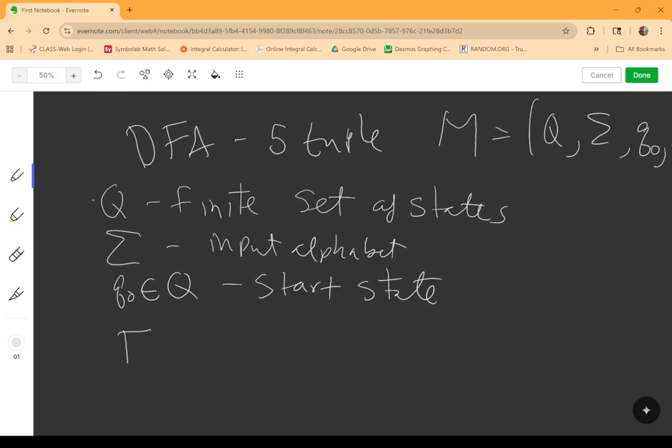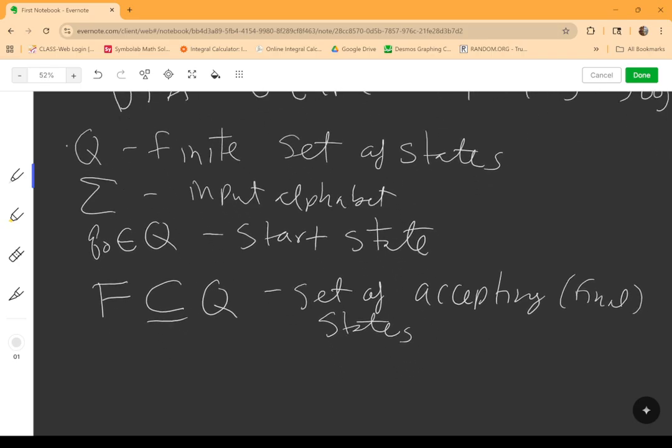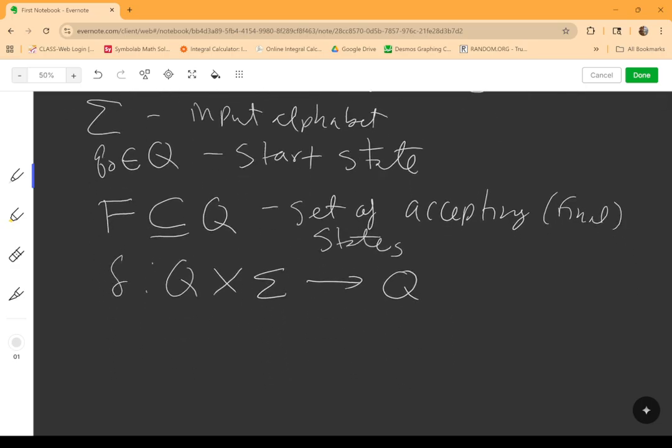F is again a subset of Q, and this is the set of accepting final states. And delta is an operation that takes an ordered pair and maps onto Q, so it's what we call a transition function.